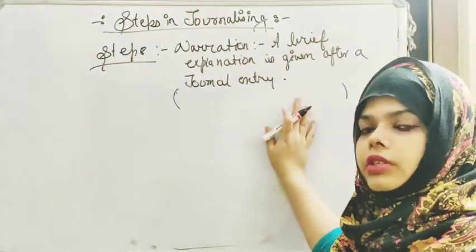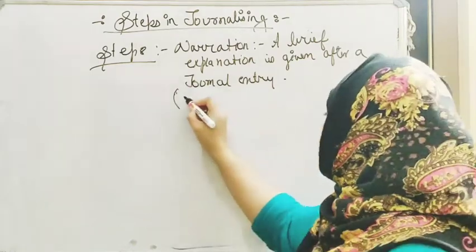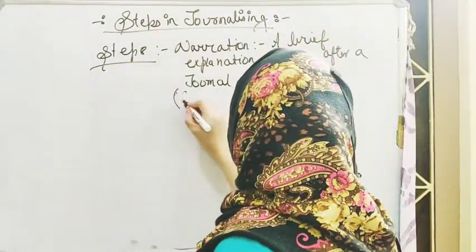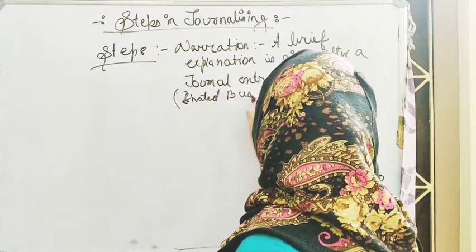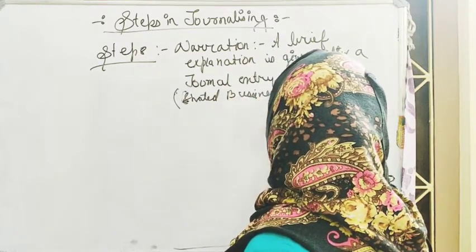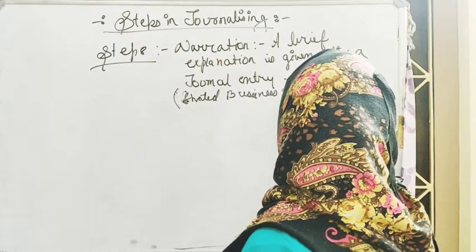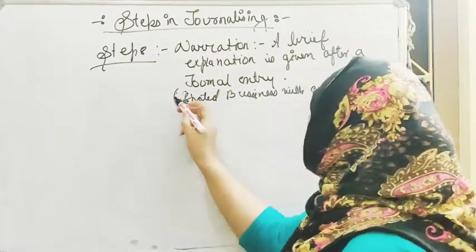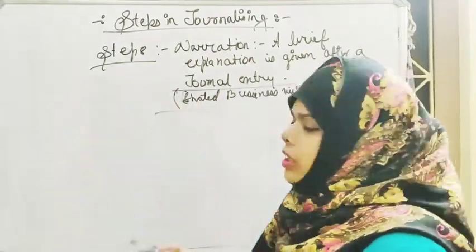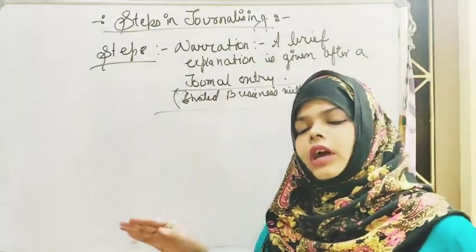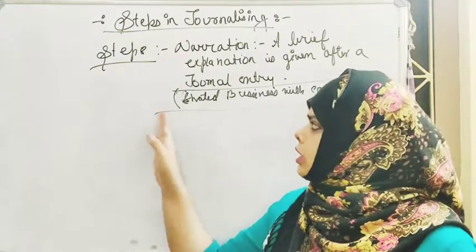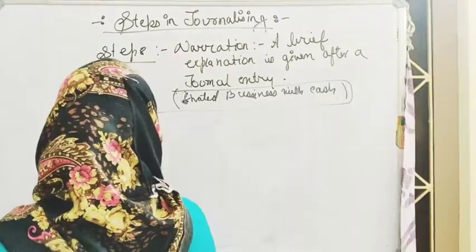Suppose: commenced a business with cash rupees 50,000. So, started business with cash. This part is called the narration part. It means you describe what has been done in the transaction. That is your step 8.